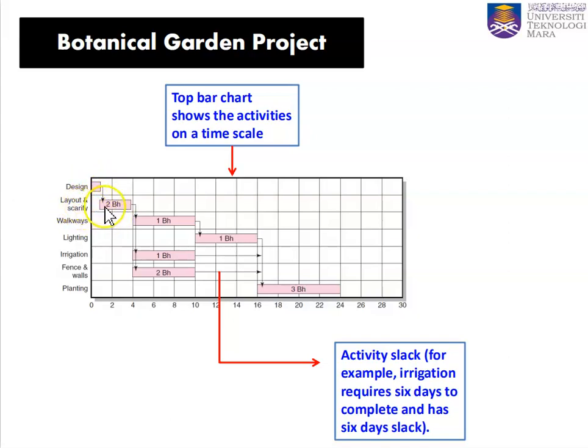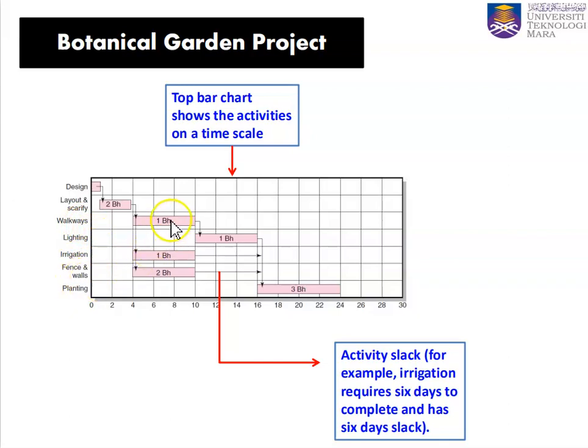Layout and scarify cannot start before the design. It needs 2 backhoes from day 1 until day 4. After that, 3 parallel activities can be done: walkways, irrigation, and fence and walls.